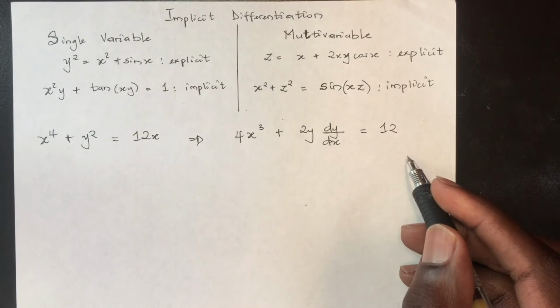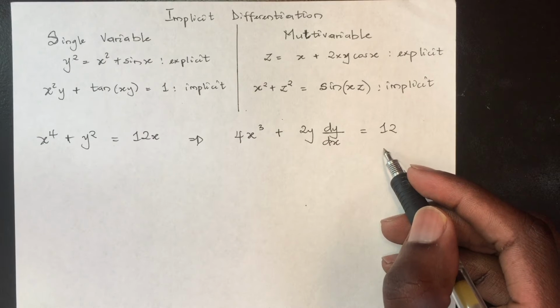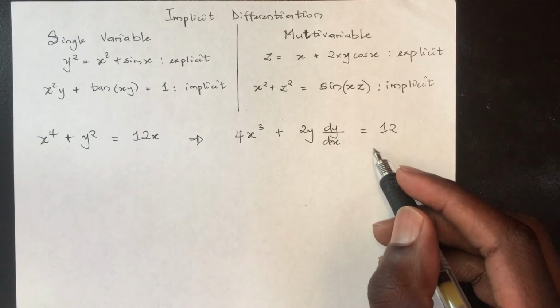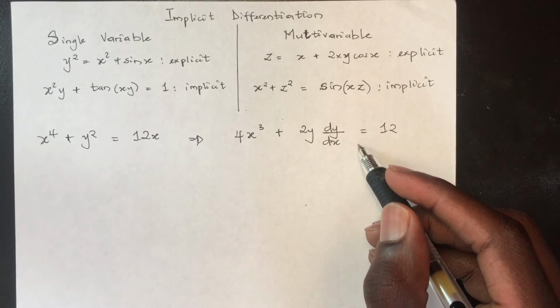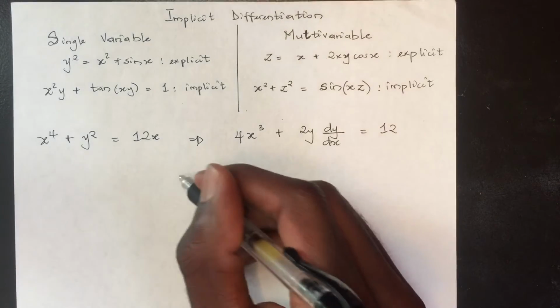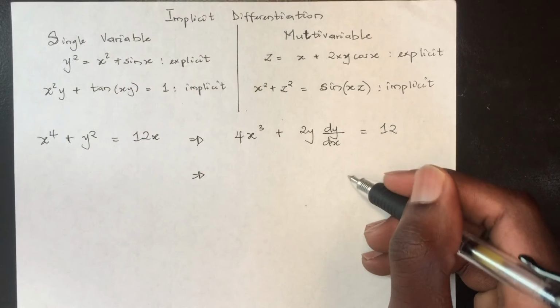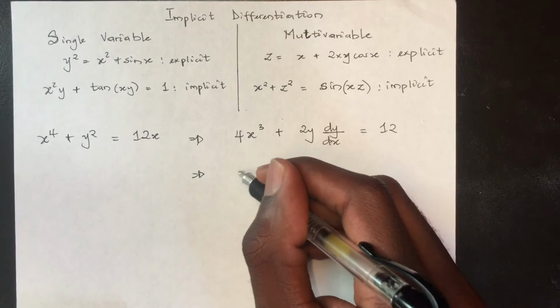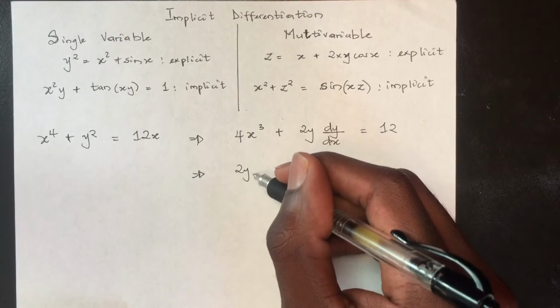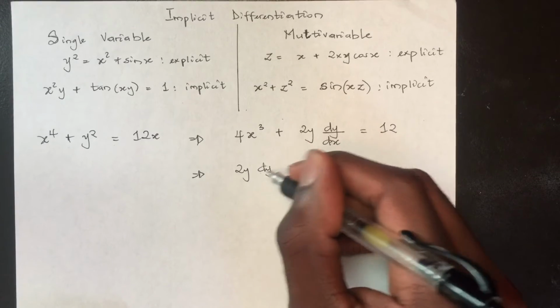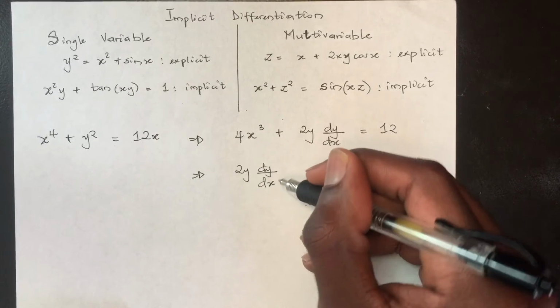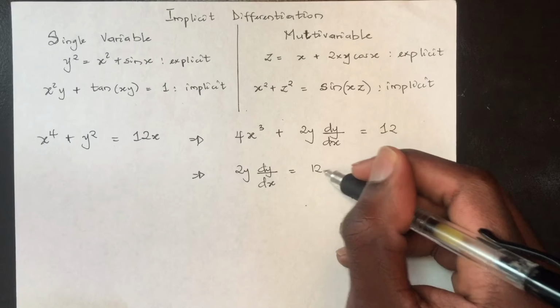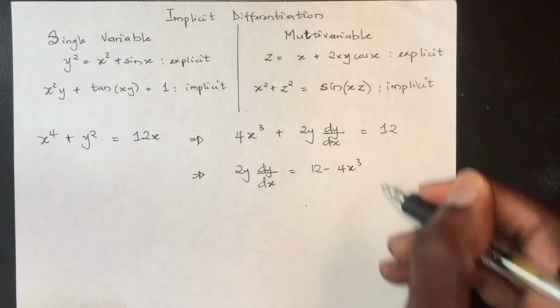Basically here we've already gone through differentiation. So from here, you just want to have dy/dx stand by itself on one side of the equation. So the rest is just basic algebra. If we subtract 4x cubed on both sides, we're gonna get 2y dy/dx equals 12 minus 4x cubed.